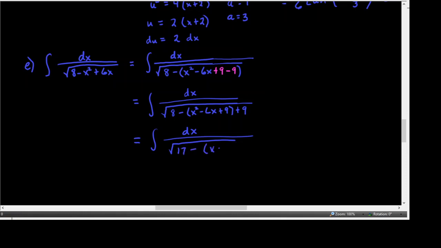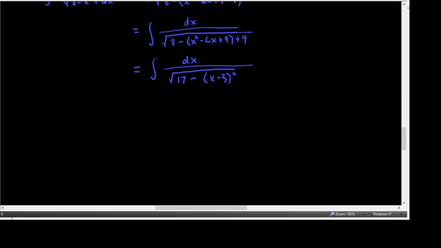and then factoring leaves us x minus 3, quantity squared. And I think now we're ready to use number 18. So for 18, we identify a squared to be 17, which means a is square root of 17.